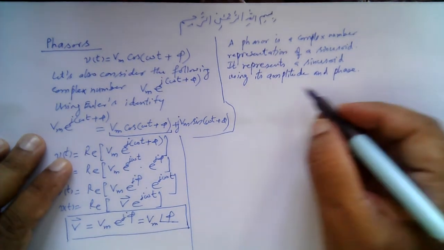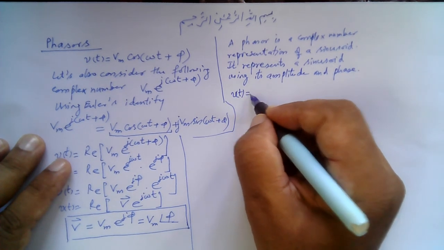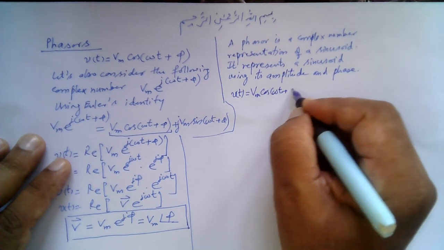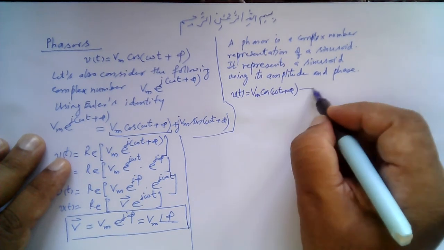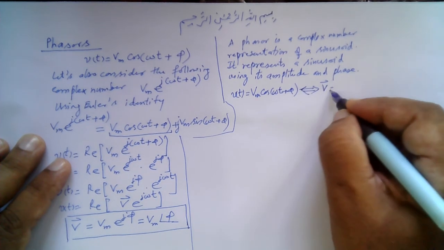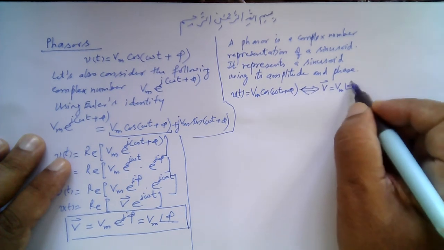So if we are given v of t in the time domain, Vm cos(omega t plus phi), then in the phasor domain it is transformed as V bar is equal to this Vm, and we take the phi from here, right?